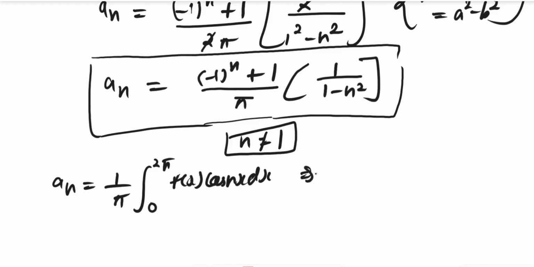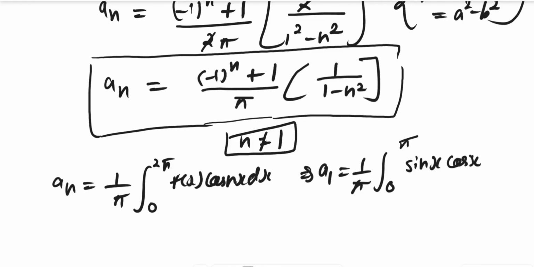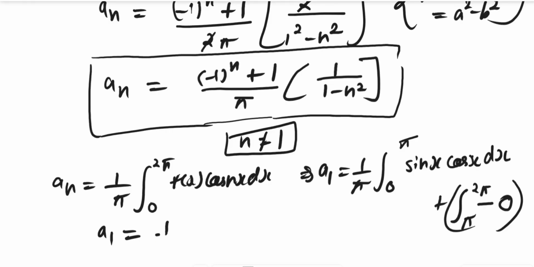If n is 1, that is a_1, so it is 1 upon pi integration 0 to 2 pi f of x, where f of x was sin x in the interval 0 to pi, and in place of cos nx what will come? cos x, since n has become 1, cos x dx, plus the interval pi to 2 pi, this whole term is 0, so there is no need to take it. So we get finally a_1 is equal to 1 upon pi integration 0 to pi sin x cos x dx.